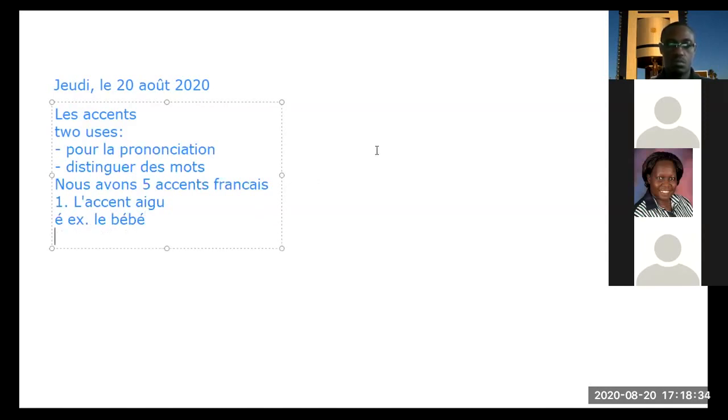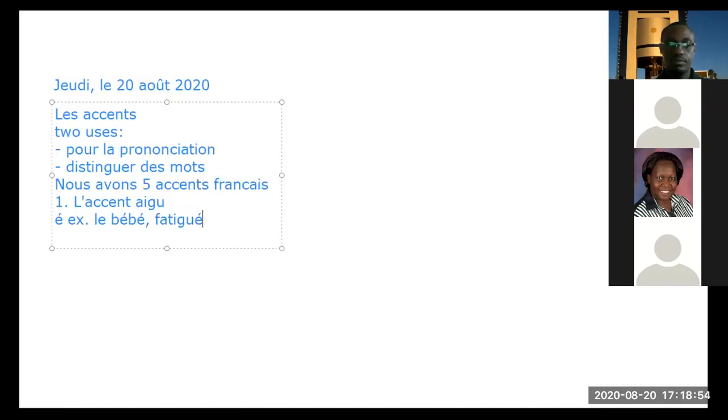We can have another example where we have l'accent aigu, like fatigué, the adjective fatigué. Whenever that accent is placed on letter E, it will always be hard.